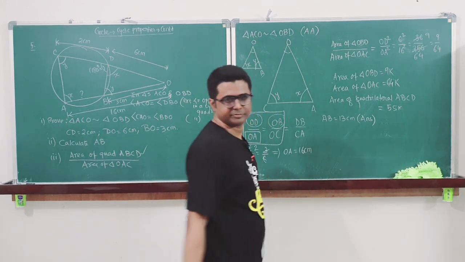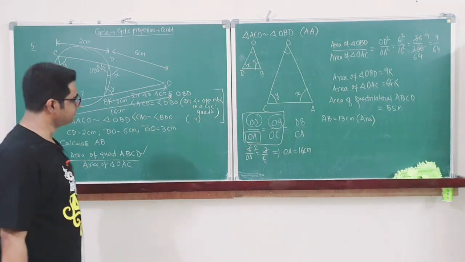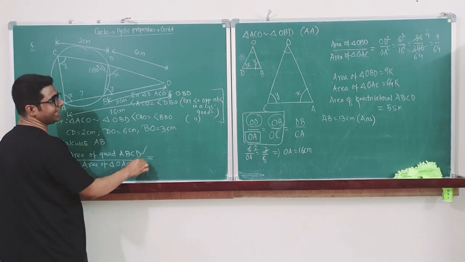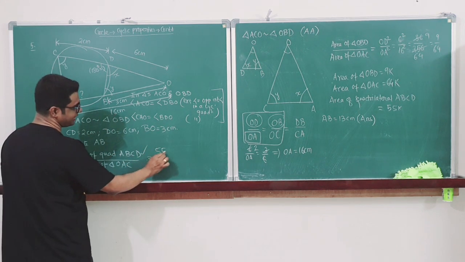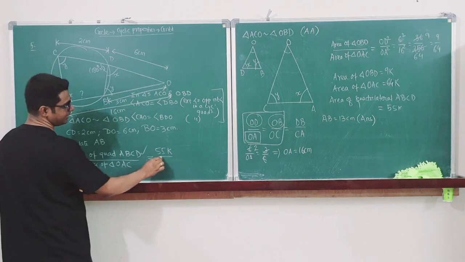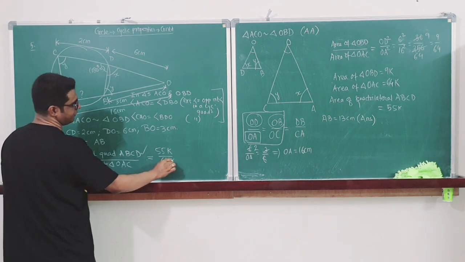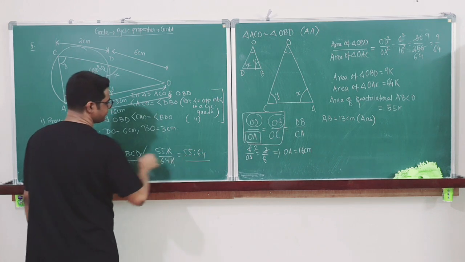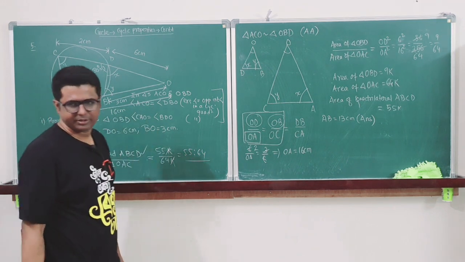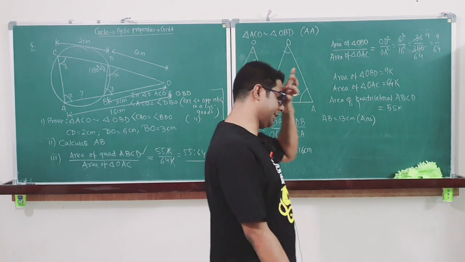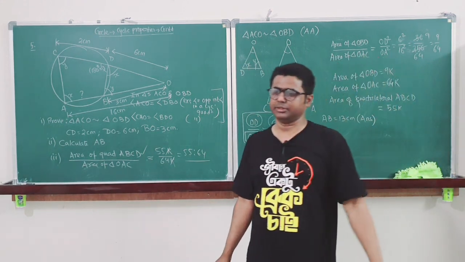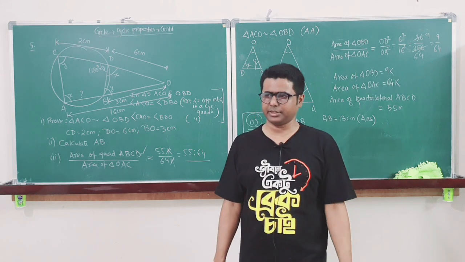Correct? Then I can directly use that 55K divided by 64K. K cancels out. Answer is 55 is to 64. So that ends circle part 2. So we are only left with tangent and secant properties of circle after this.